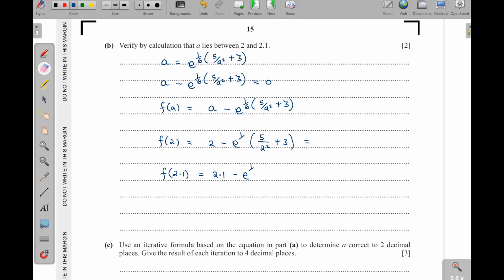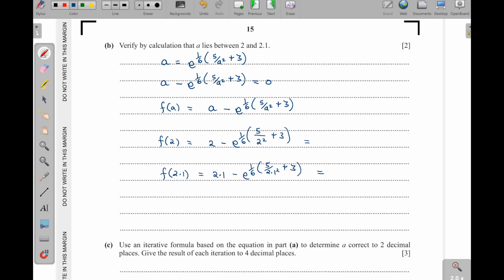This one is supposed to be 1 over 6, and this whole thing here is supposed to multiply that. I think it is better that way. So 1 over 6, then into 5 over 2.1 squared, then plus 3.